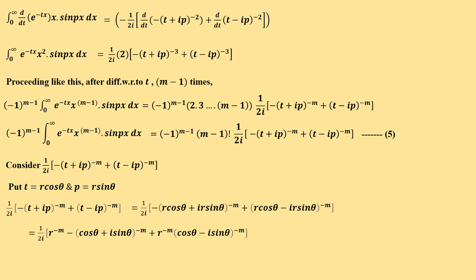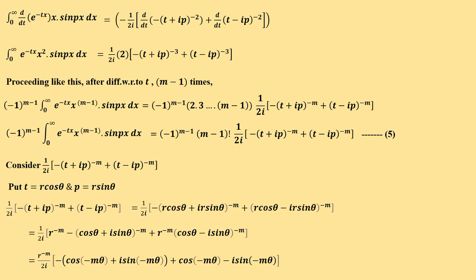So when you are taking r power minus m outside, we get minus (cos theta plus i sin theta) whole power minus m plus (cos theta minus i sin theta) whole power minus m. So taking r power minus m outside by 2i, we are using De Moivre's theorem, right? (Cos theta plus i sin theta) whole power n is equal to cos n theta plus i sin n theta. So we are using that idea.